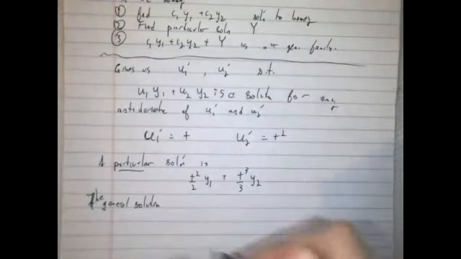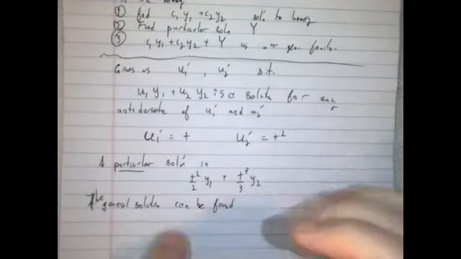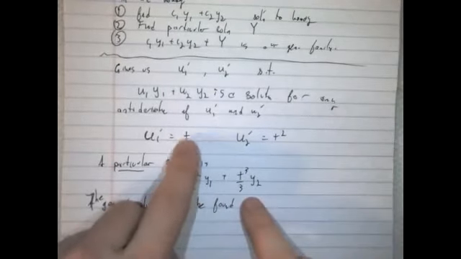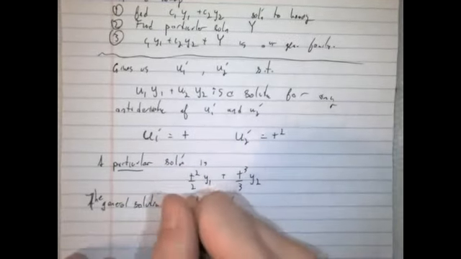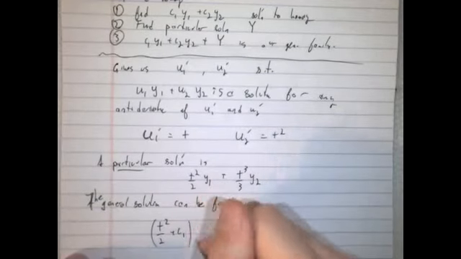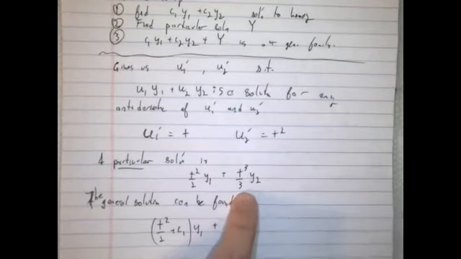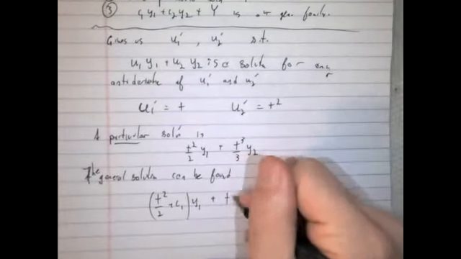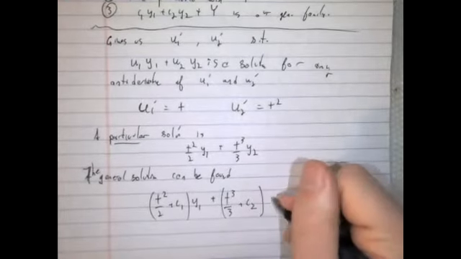Now, a general solution, or the general solution, can also be found by taking the most general antiderivative of t, which is t squared over 2 plus c1, times y1, and the most general antiderivative of t squared, which is t cubed over 3 plus c2, times y2.